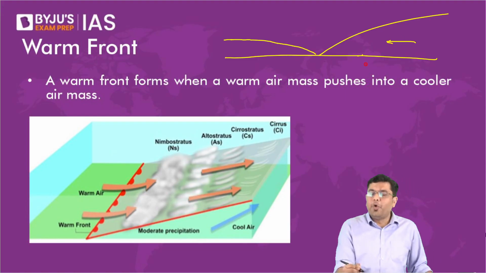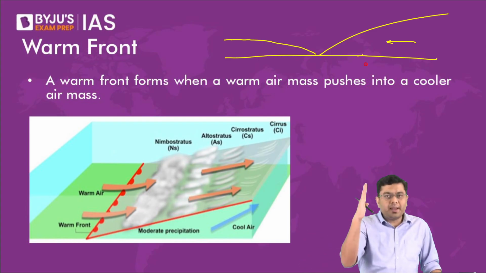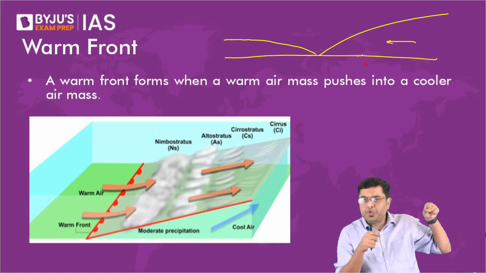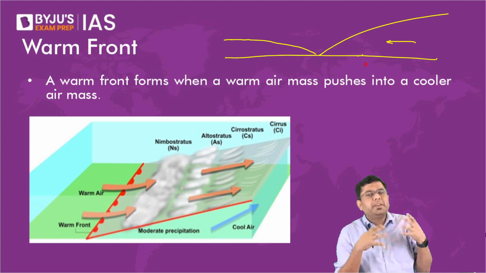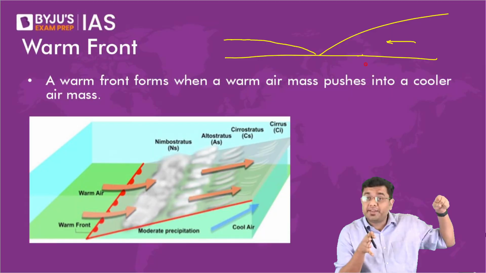Now, as this warm air is coming in, it will not immediately vertically rise up. It will eventually rise, because in both the cases, it is the warm air in majority which gets risen up. Some amount of cold air is also uplifted, but that is not in significant proportion. In majority of the portion, it is the warm air which gets uplifted.